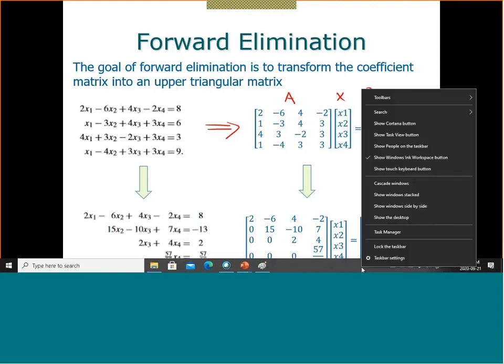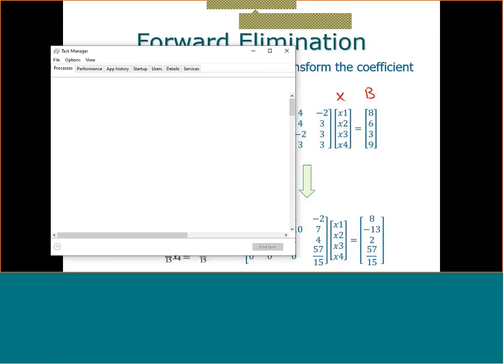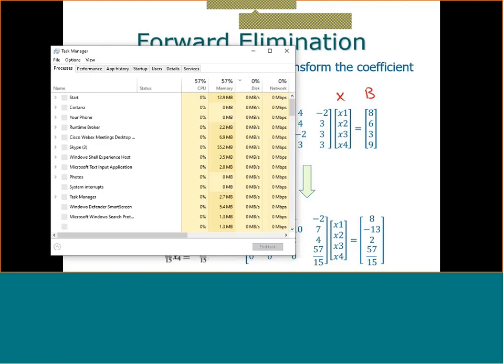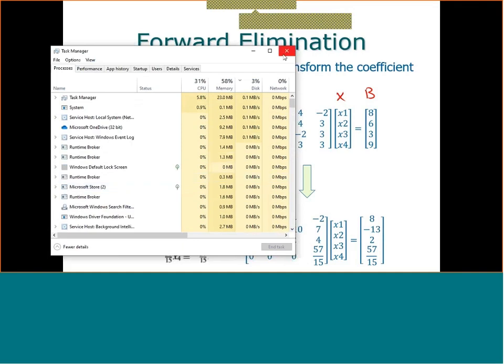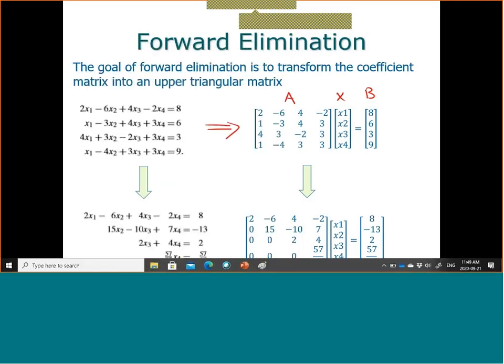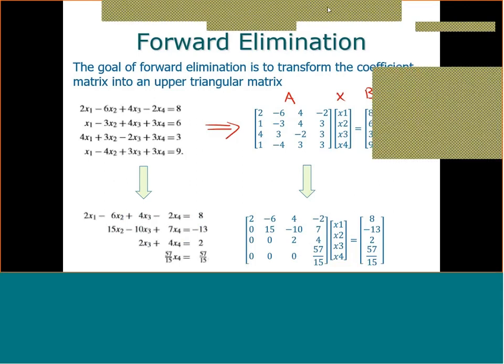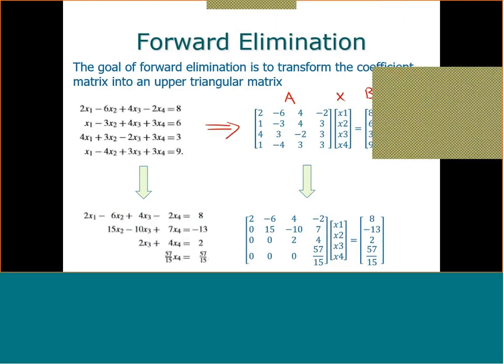Task manager. Oh, okay, let me check here. Someone is giving me some hints. Taskbar setting. Okay. I think now it's gone.